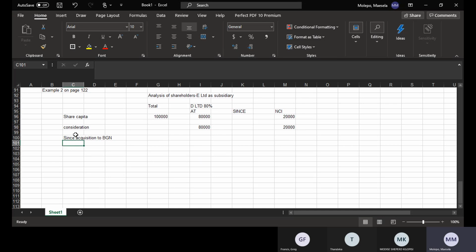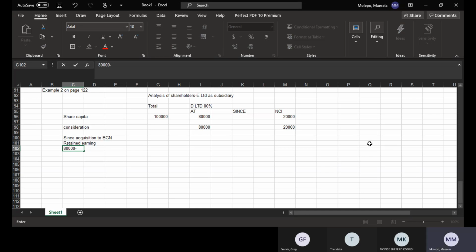So we have to deduct the same profit from our retained earnings. So we're gonna have the retained earnings here, which is the balance of the 80,000 from E Limited as normal. Then we less the unrealized profit from the opening balance.